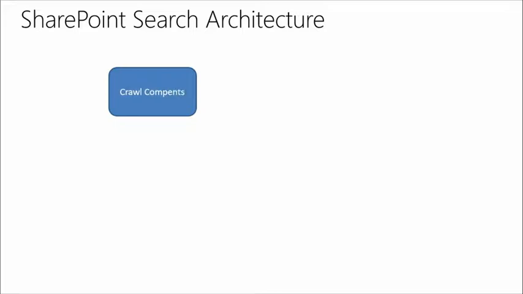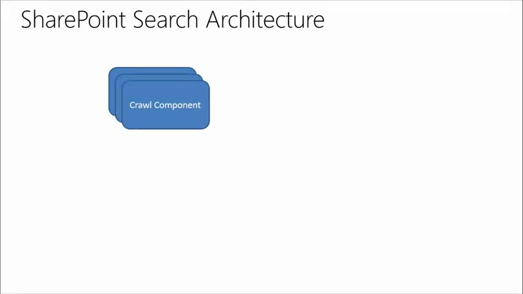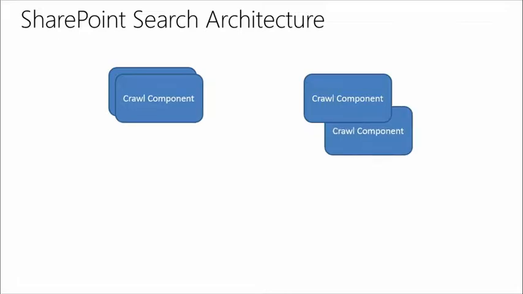My crawl component is going to be responsible for actually going off and grabbing all of our data. Wherever it is that our data happens to be, this could be, let's say, inside of a web application. This could be inside of a file share.